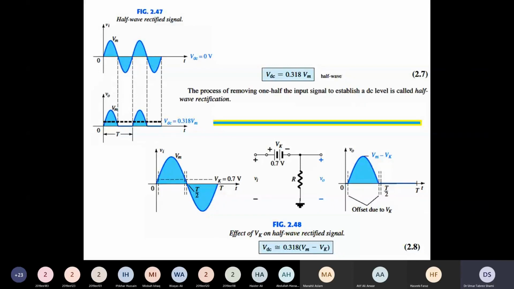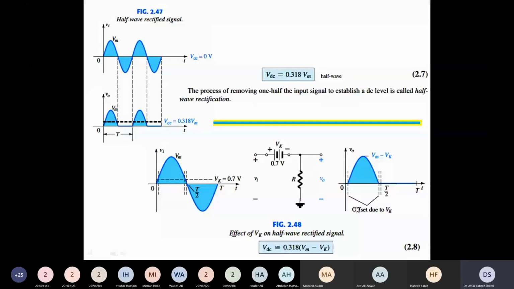So there was an offset addition while using practical diodes, and there was a drop of 0.7 volt if we had used silicon and 0.3 volts if we had used the germanium diode.